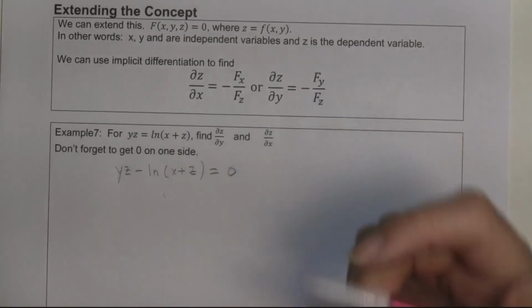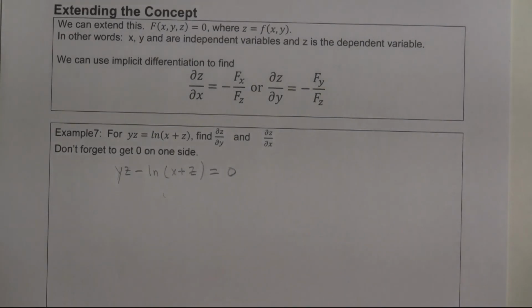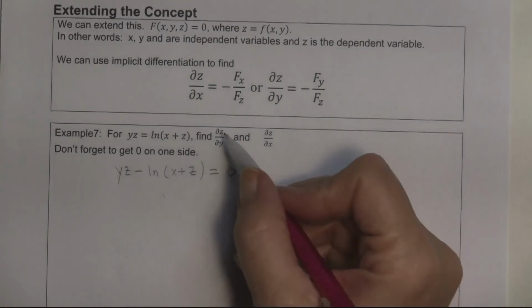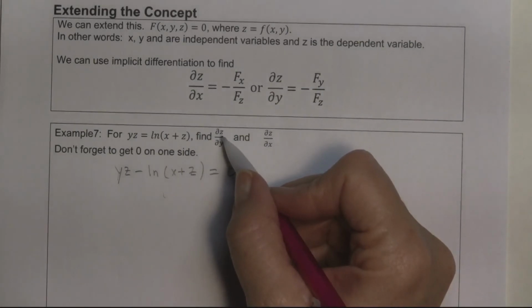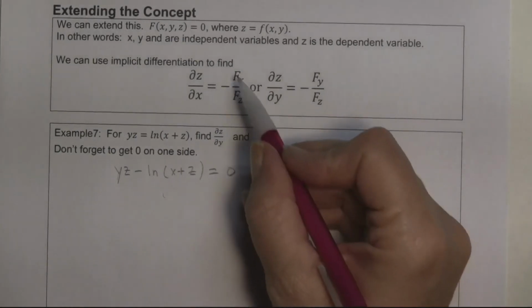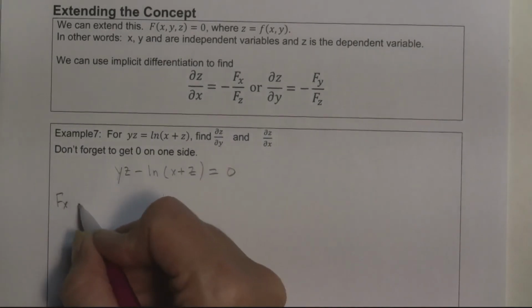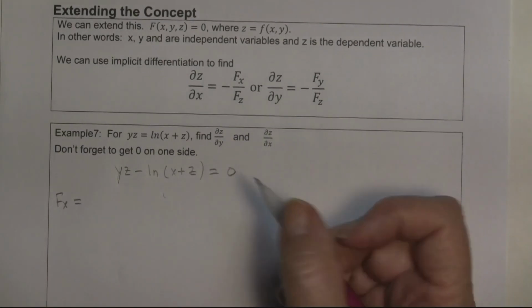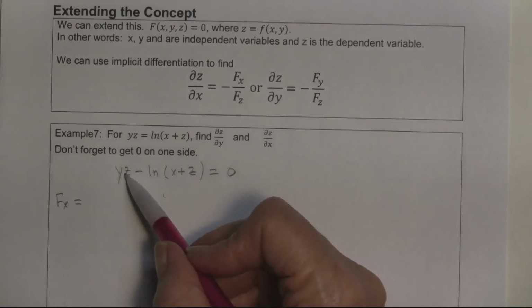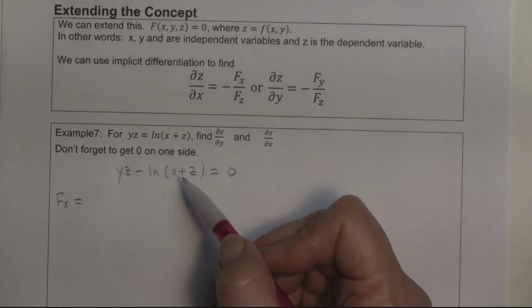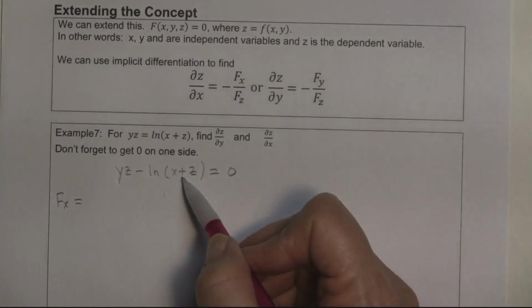So let's see. When was I asked to find both of them? Okay, so I'm going to find this one, I need this and this. So I'm going to find that. This doesn't have an x in it, so it's 0. And this does have an x in it.